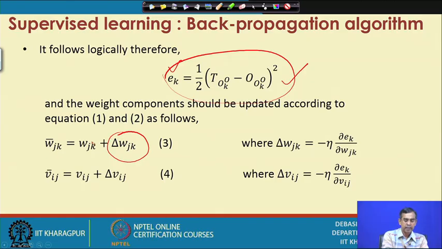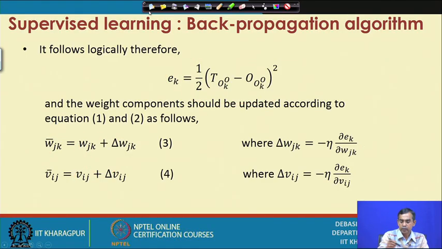If this is the current value of w j k or the current value of v i j, then using this delta rule we will be able to calculate del w j k and then the updated value. Similarly, using this rule we will be able to calculate this one and then the updated value will be there.